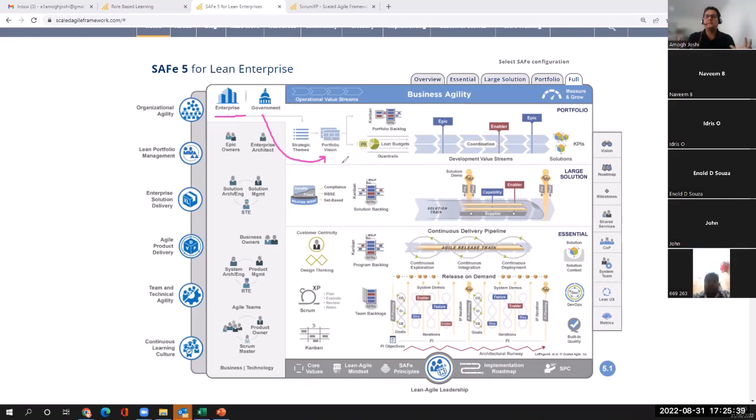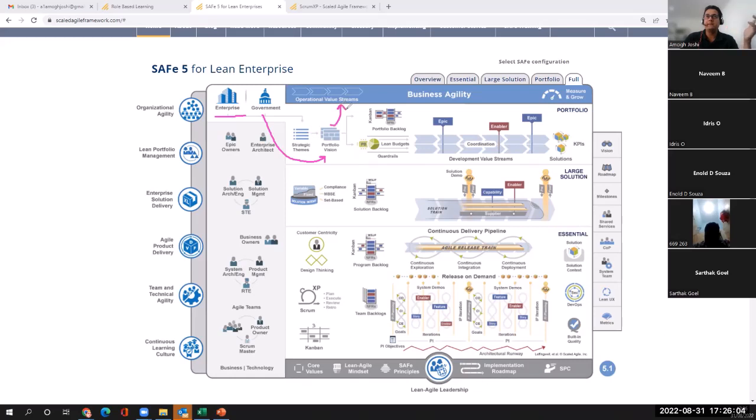So all the steps in between, from a need to the delivery of that need, concept to cash, all the people who are helping a passenger to travel, and all the solutions like reservation system, catering system, baggage systems, everything is composed of the operation value stream. So in an airline, we have an operation value stream.